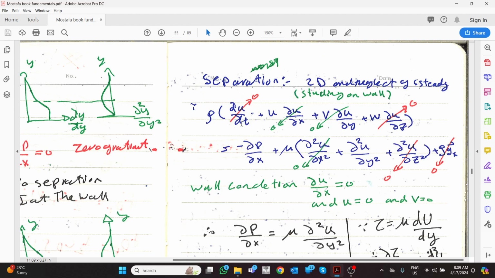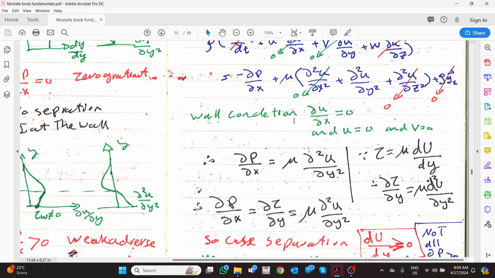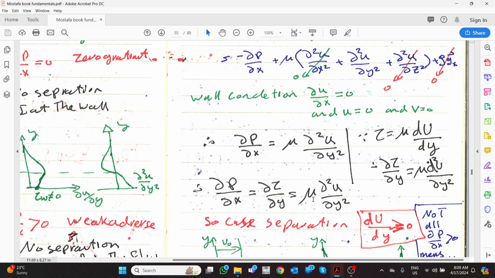The separation. If you apply the Navier-Stokes equation, you study on the wall, same concept as we discussed before. So the wall condition is du by dy is equal to 0. It is just some work of the Navier-Stokes equation. So why am I trying to write it like this?